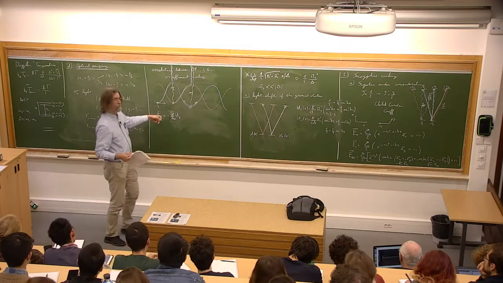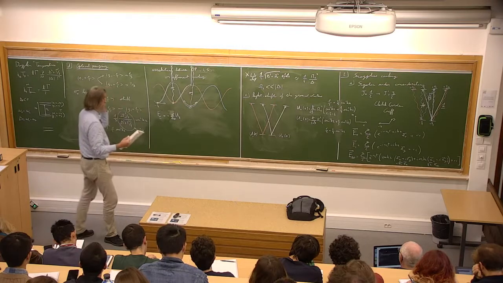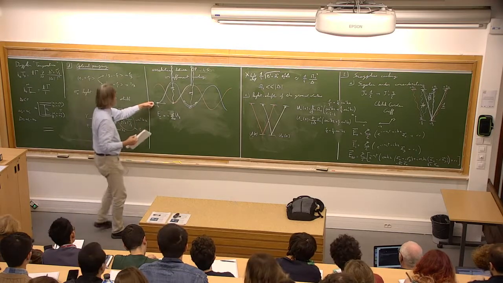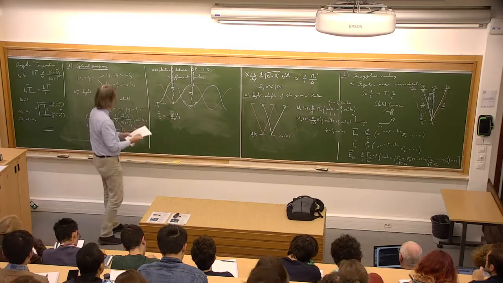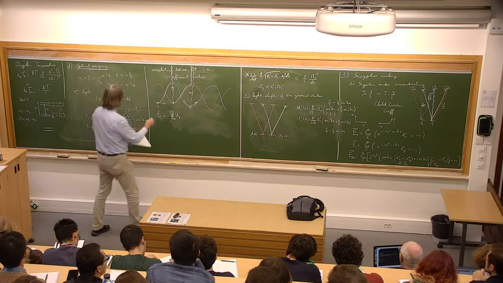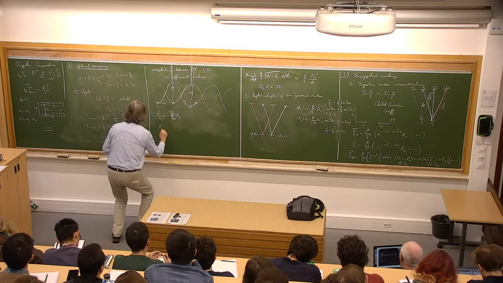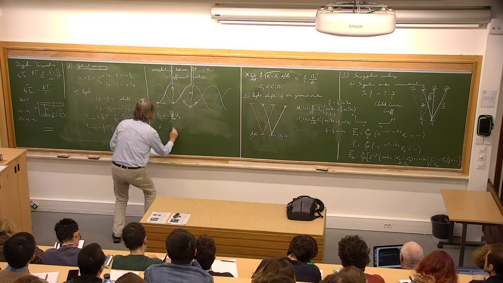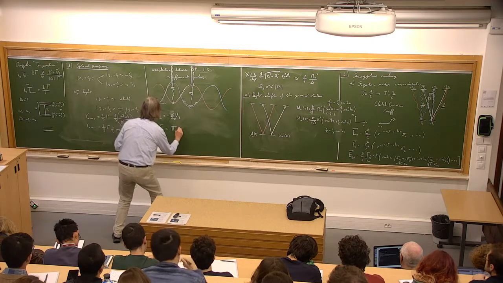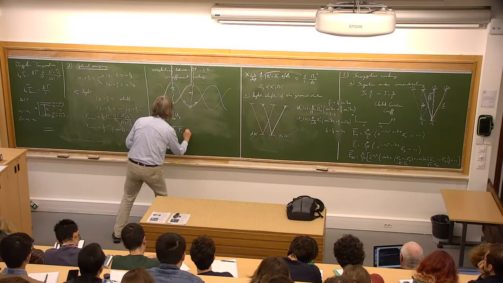So I have a force that a priori depends on the level I am in. I am not the atom, but the atom sits in one level, and so it has a force, and the total force is just the weighted force with the population.